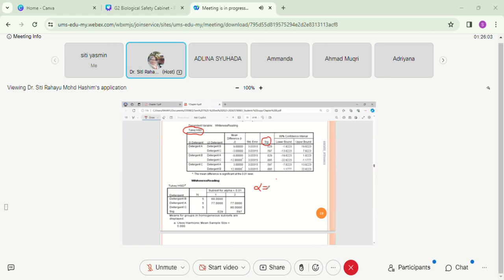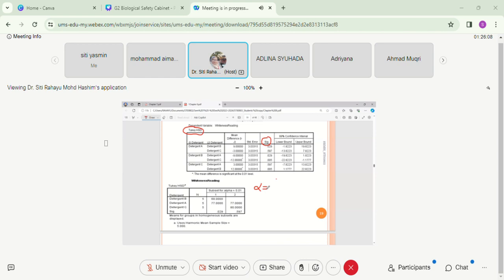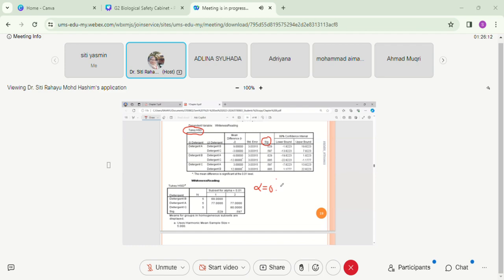Muhammad Aiman: 0.01. Yes, very good, 0.01. You can know from here, it says 99%. So 1% is equal to 0.01. So based on the p-value from the multiple comparison.